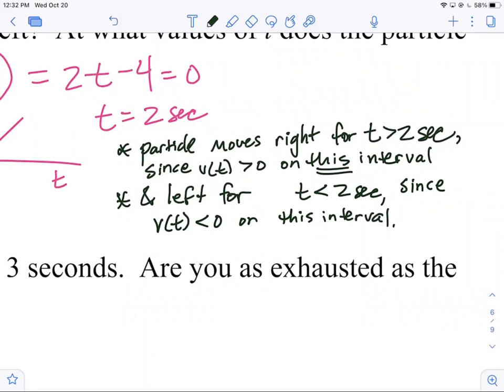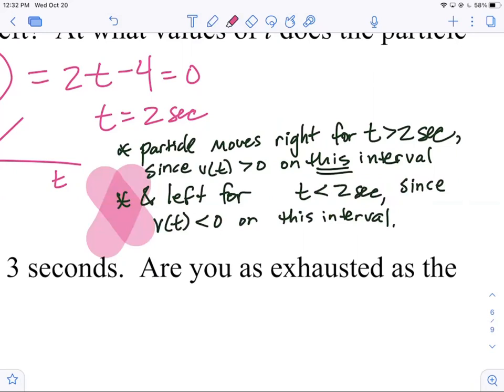All right, now on that one that I just answered, you would not get it correct. Why? Is there any doubt that the graph is below the t-axis to the left of the t-intercept at 2?